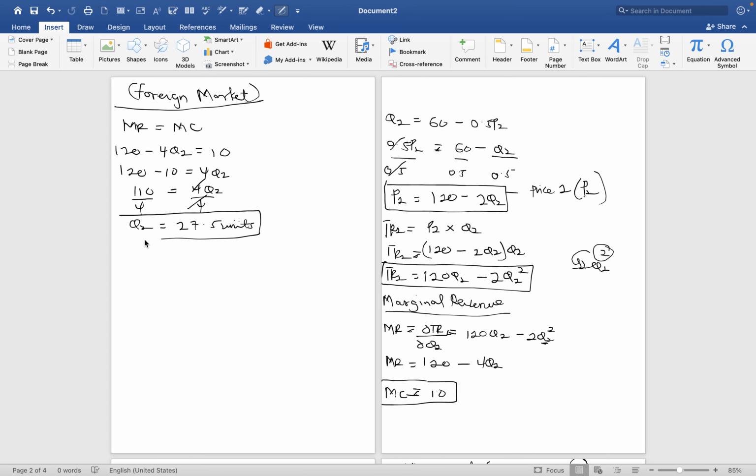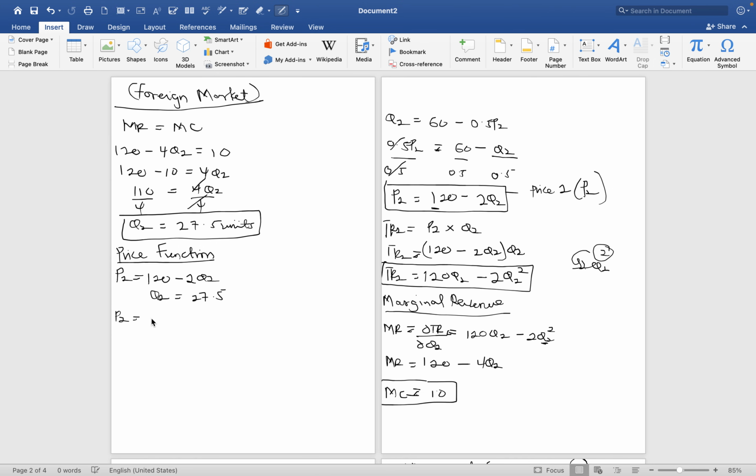Since I have Q2 here, I can find the price function. So P2 is equal to 120 minus 2Q2, where the Q2 we solved was 27.5.